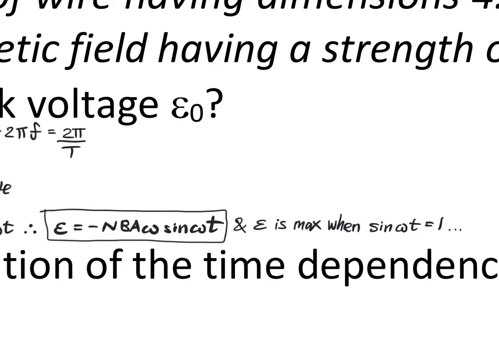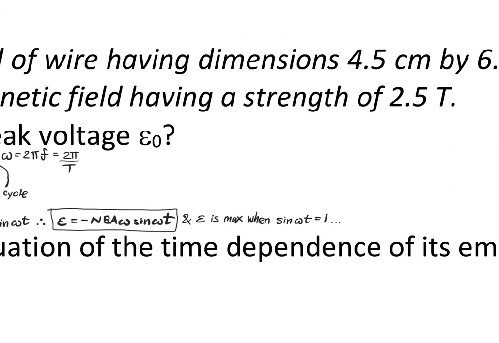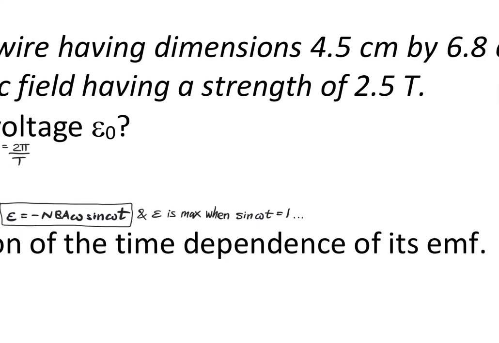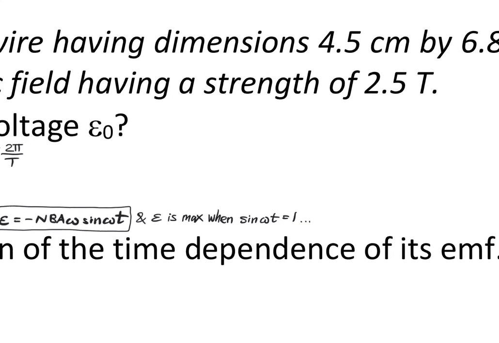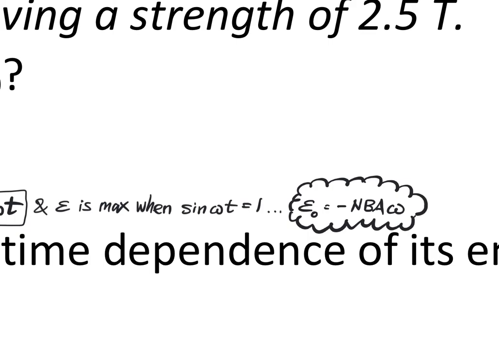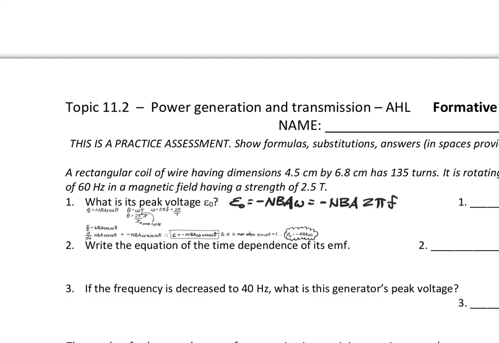So if we set sine of omega t to 1, then therefore we have EMF max is negative NBA times the angular frequency. And of course, omega is 2 pi times the frequency.